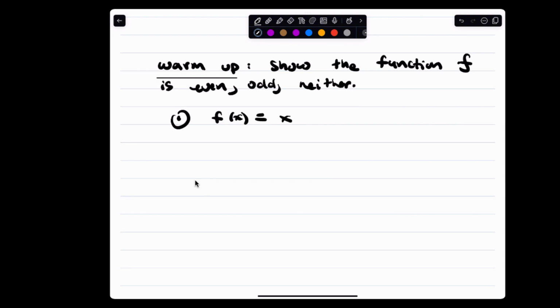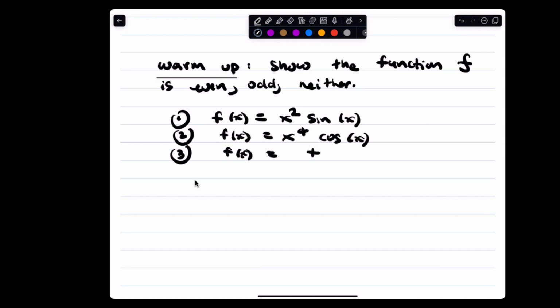Now say, here's x squared sine x. Okay, and then maybe give you like an x to the fourth power cosine x. How about tangent x over x? And then maybe we'll try here sine x plus cosine x.